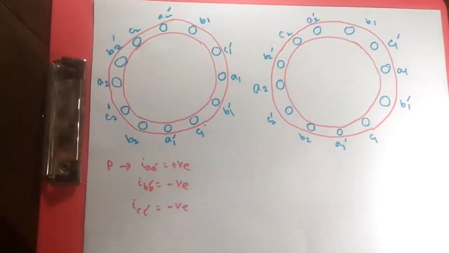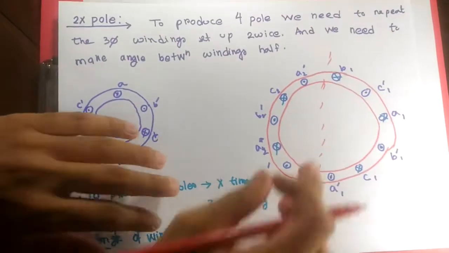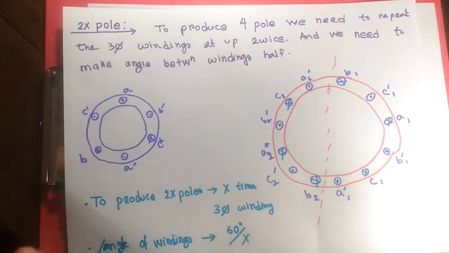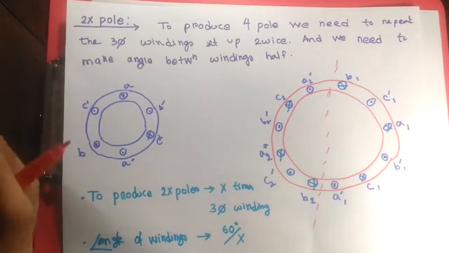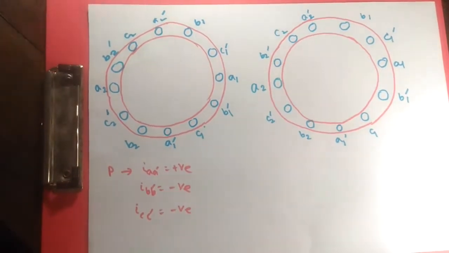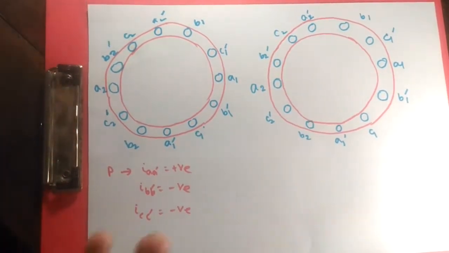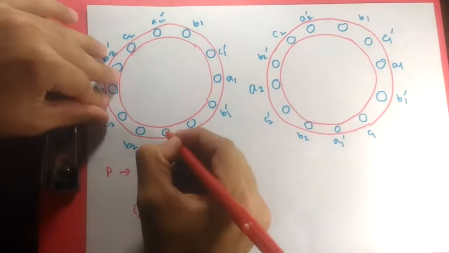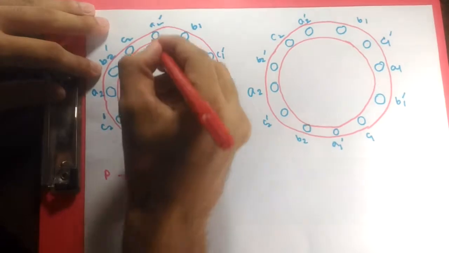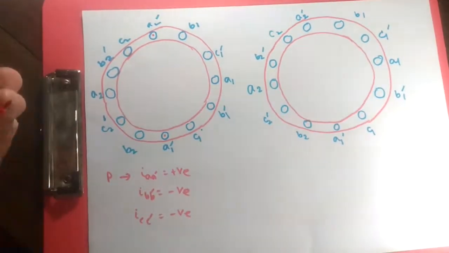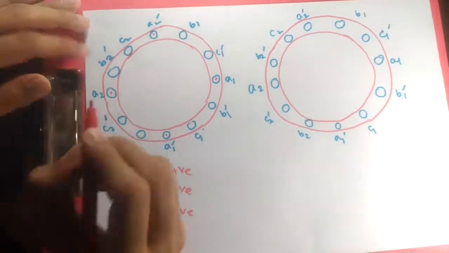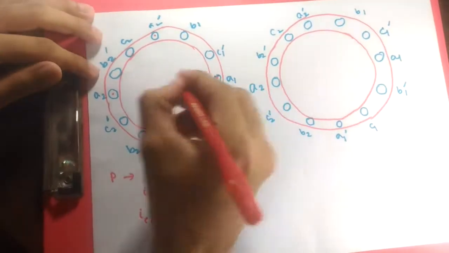So the original direction of the current will hold only for A, but it will get reversed for B and C. Originally, from the primes we get current coming out, and that holds for A. So we get current coming out from A1 dash and also from A2 dash, and current going into A1 and A2.